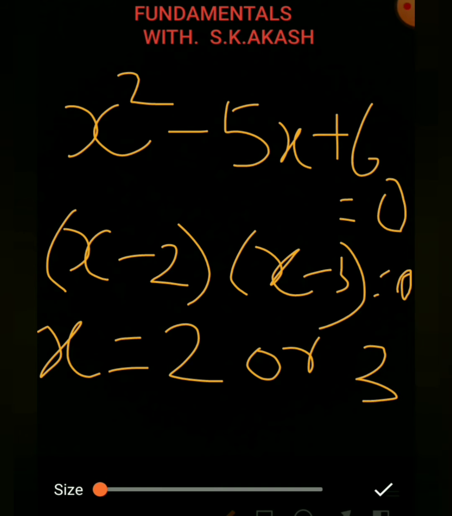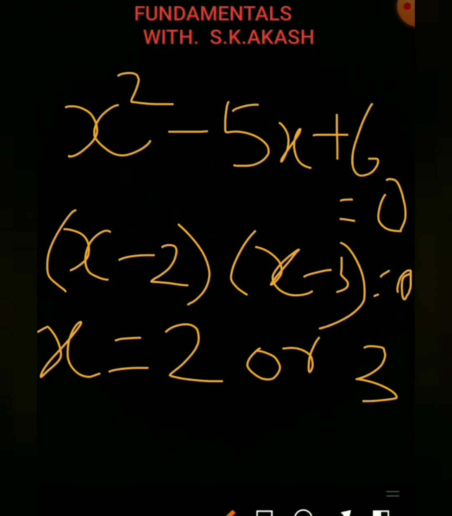So the solution of the equation will be 2 and 3, because this condition is possible, because the conjunction used in that equation is or. Or denotes this or that.